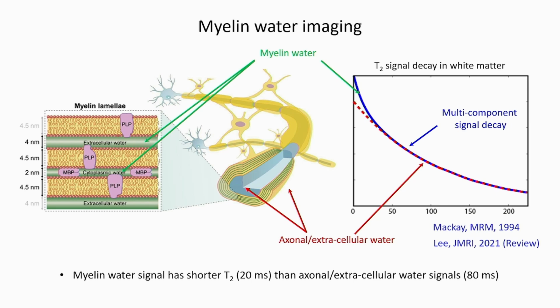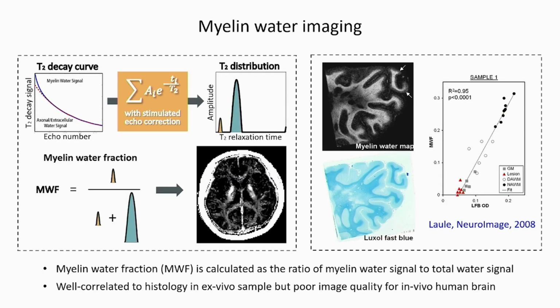These are the extracellular water as well as cytoplasmic water that are wrapped by the lipid bilayer. Because their gap is so tight, their T2 value is much shorter than axonal water. And we can measure it, we can do multi-exponential fitting to our decay curve, and then we can get this T2 distribution for each voxel.